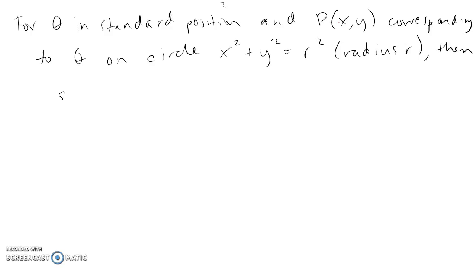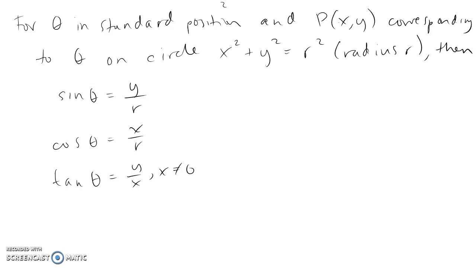Then we're going to define sine of theta to be y over r, cosine theta to be x over r. Tangent theta is still y over x, where x is not 0. We know r is not 0 because it's a radius. We have the cotangent of theta is x over y, where y is not 0.